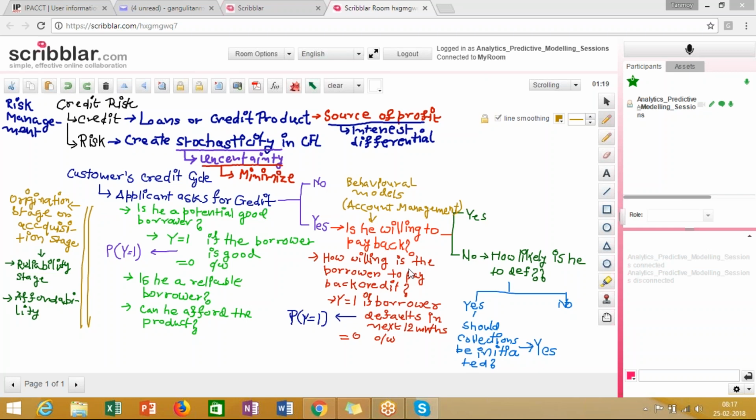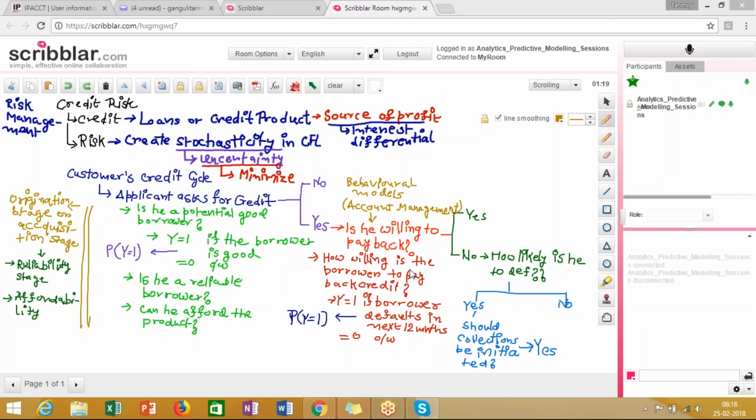Okay. So having said that, we have discussed what exactly the customer's credit cycle is. It starts from applying for a credit product and ends with either closing the account by paying off all the debts or being ultimately charged off.